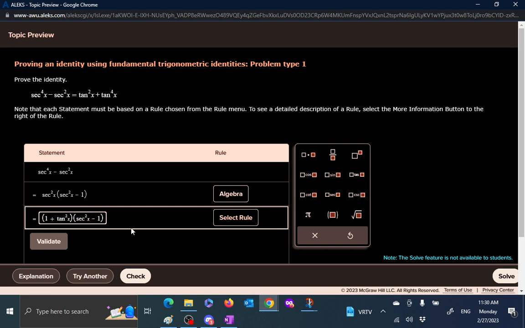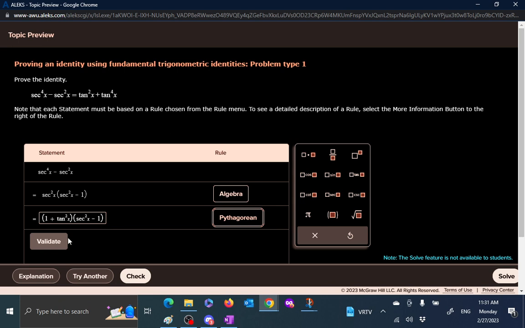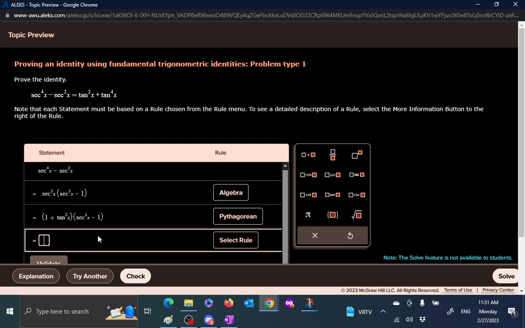So do one step at a time, one rule at a time. Sometimes you might apply multiple rules. So this one I keep, and that one is the only one I change. And what is the rule there? That's of course a Pythagorean. Am I correct? It looks like I am.